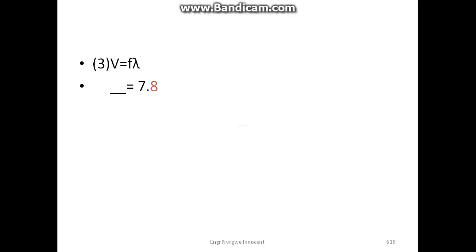Solution 3. v equals fλ. What we are saying here is that v equals fλ.